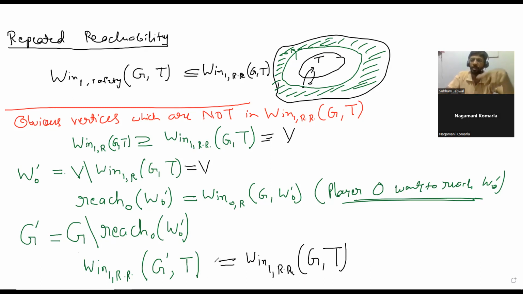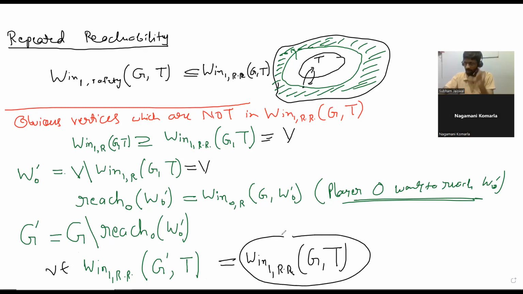This one you have to just sit and work out. If V is in this, then you have to show that V is in this. And if you just show this at this stage, then always this will be preserved. When you do G double prime, then also the winning set of that will be the winning set of this, which will be the winning set of the game played on G. So you have to show this invariance of the winning set.